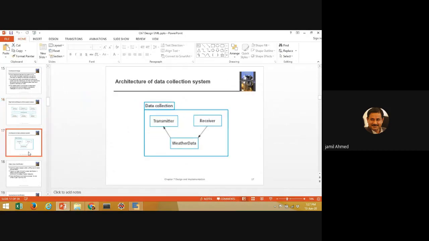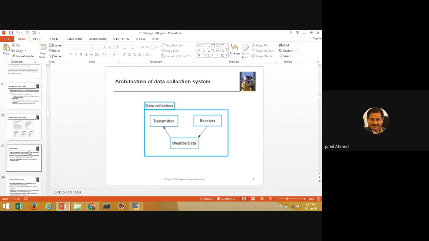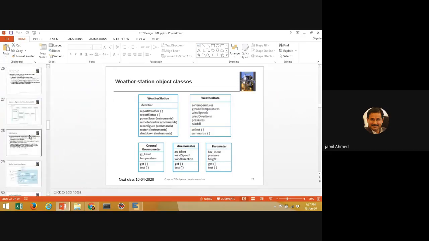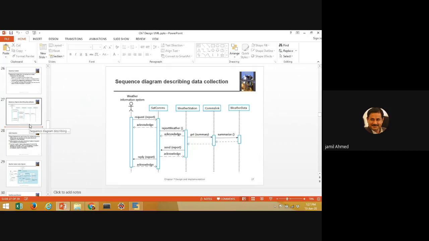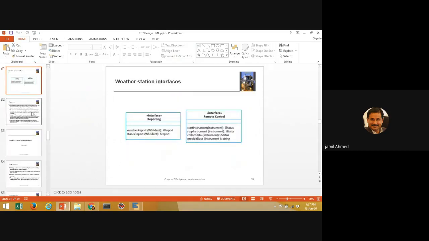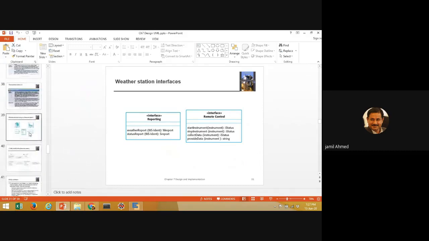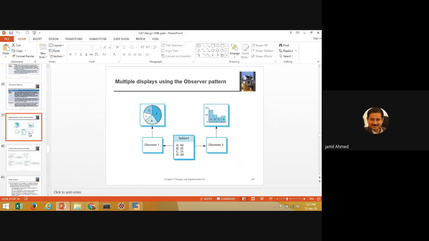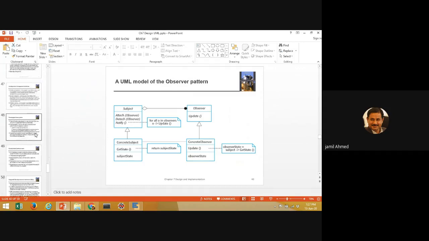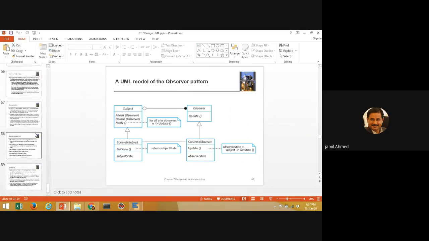In the next video we will see the architecture of the data collection, and then we will go for the weather station object classes, and then the sequence diagrams, and then the state diagram, and then we will see the weather station interfaces, and then the displays of the observer pattern, and then the observational model that we have seen, and after that lots of theoretical work.